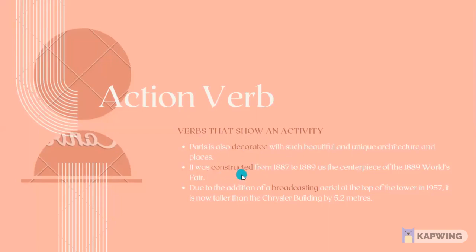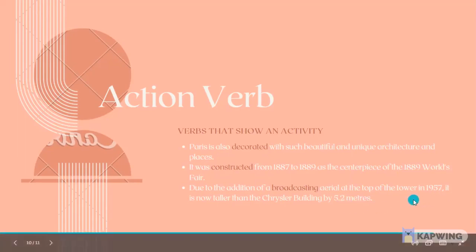It was constructed from 1887 to 1889 as the centerpiece of the 1889 World's Fair. The constructed is the action verb. Due to the addition of a broadcasting aerial at the top of the tower in 1957, it is now taller than the Chrysler building by 5.2 meters. The broadcasting is the action verb.